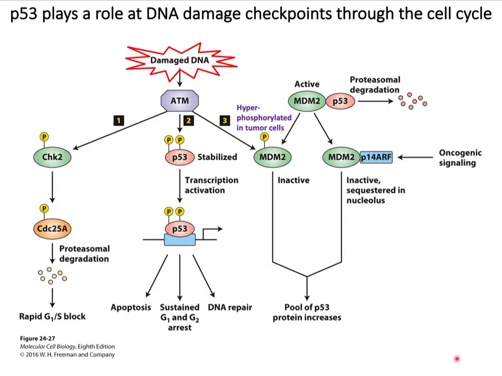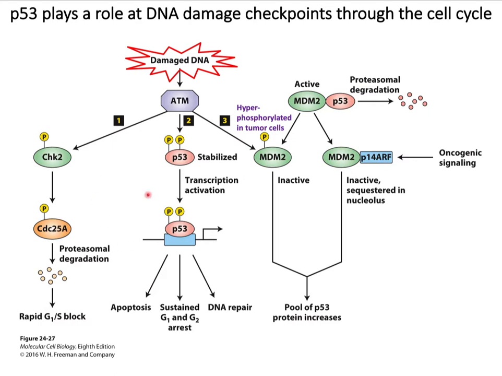So here is what this looks like in a little bit more detail. If you have damaged DNA, this turns on the activity of a kinase known as ATM. ATM can actually halt the cell cycle in 3 ways. One way is that it can phosphorylate a protein known as CHEK2, which in turn can phosphorylate CDC25A and mark it for proteolysis.